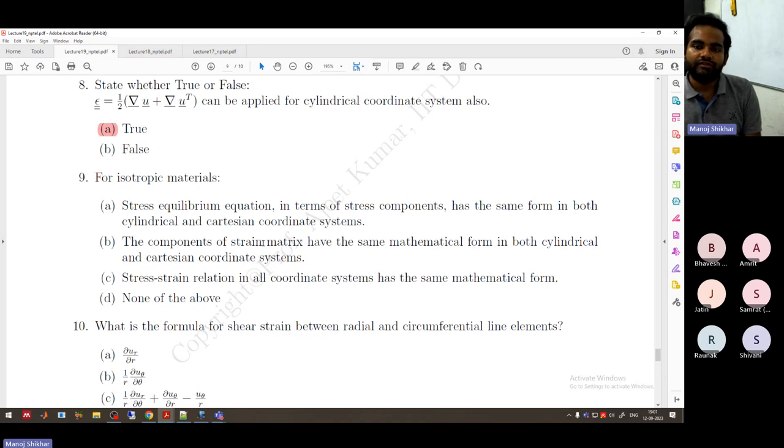The components of the strain matrix have the same mathematical form in both cylindrical and Cartesian coordinate systems. This is also not true. Stress strain relation in all coordinate systems has the same mathematical form. True, because in isotropic material, it doesn't matter in which direction you are moving, as long as those 3 directions are perpendicular to each other, it will work.